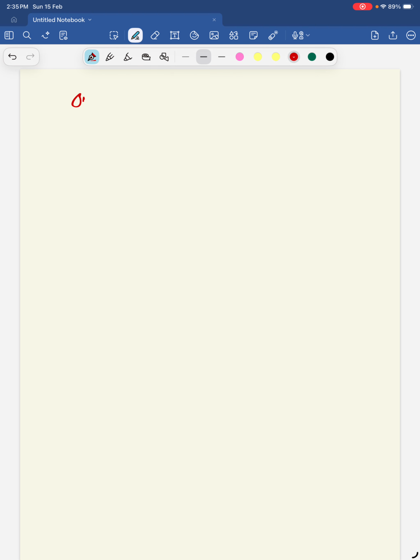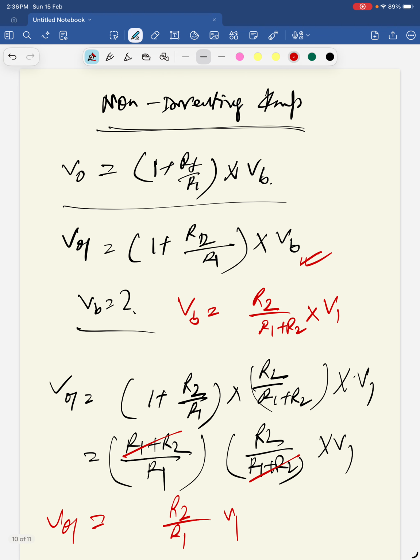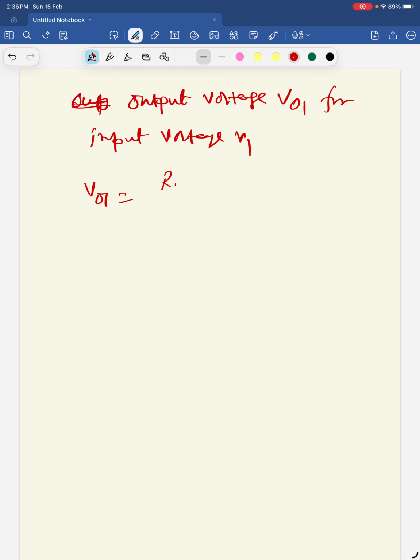So output voltage V01 for input voltage V1 is V01. Now what is V01? R2 by R1 V1. R2 by R1 into V1.